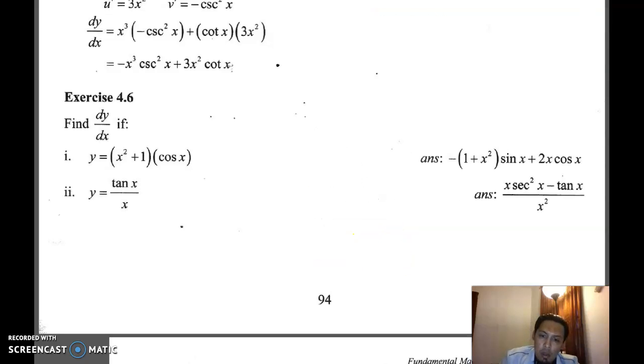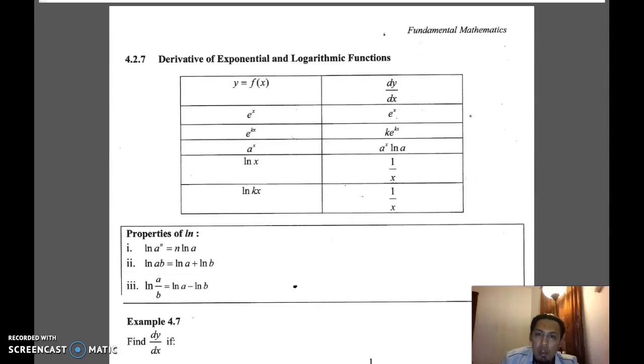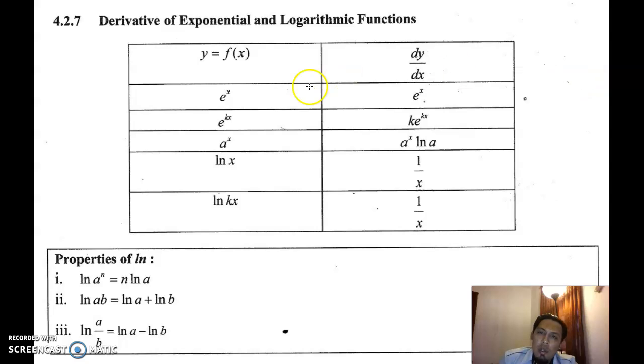Okay, the next one is the derivative of exponential and logarithmic functions. Again, just like trigonometric functions, we have some properties and formulas that you need to remember by heart. There is not much. We have 5 rows here. Basically, if you look at the exponent, if e to the x, when you conduct the derivative, it remains the same.